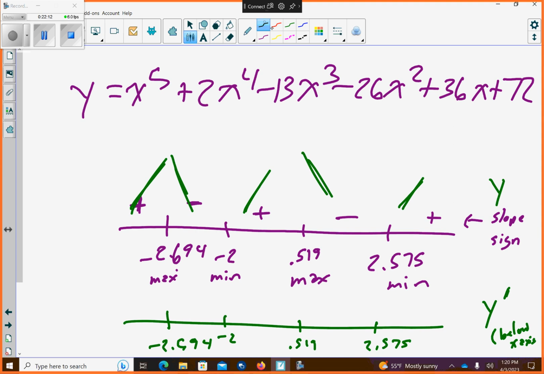Remember, we're just saying where it's above or below. We're not looking at the direction of the slope. So we are above here, below in between, above here, below here, and above here.